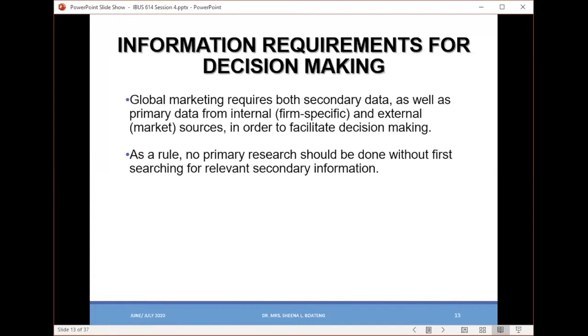Sally, can you please speak up? Yeah, Doc. I'm thinking you need to have some insight before you go gathering information. Excellent point. And in gathering that insight, secondary information is very relevant.